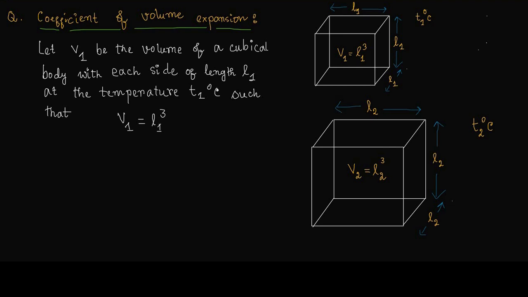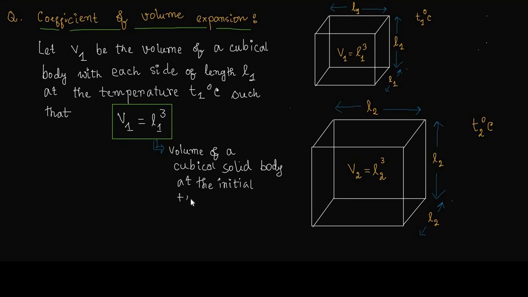V1 is equal to L1 cube, which is the initial volume of the cubical body at the initial temperature T1 degree C.